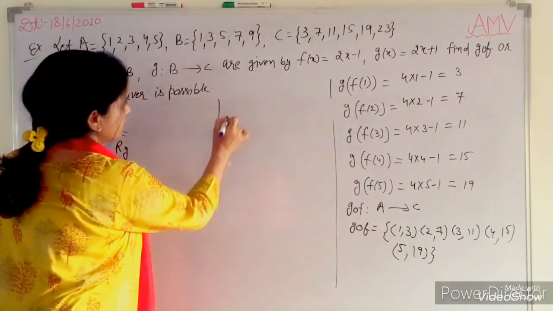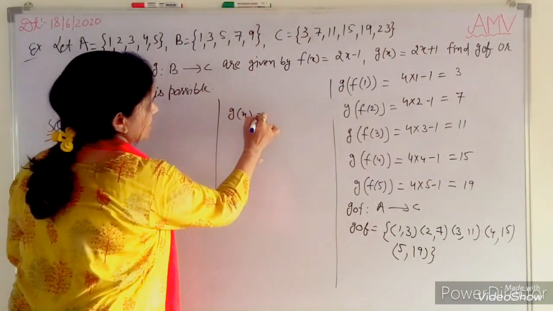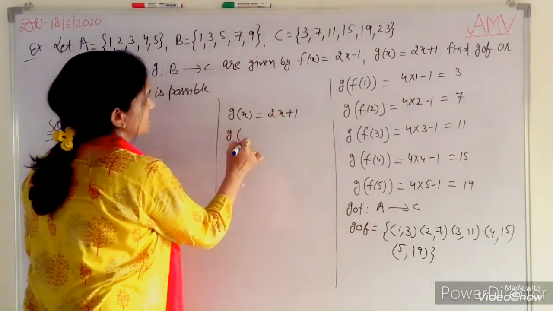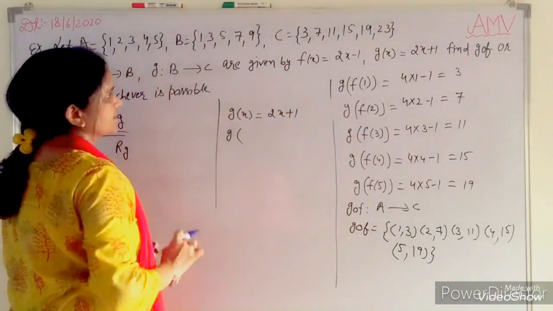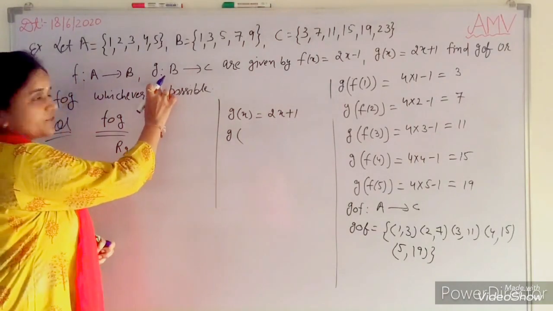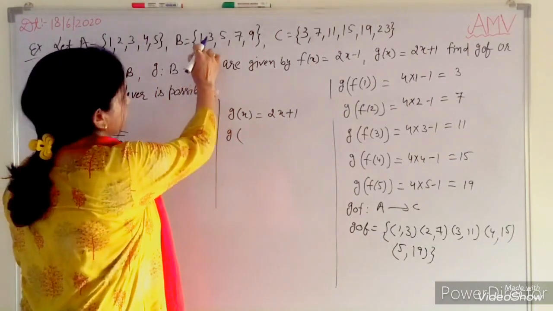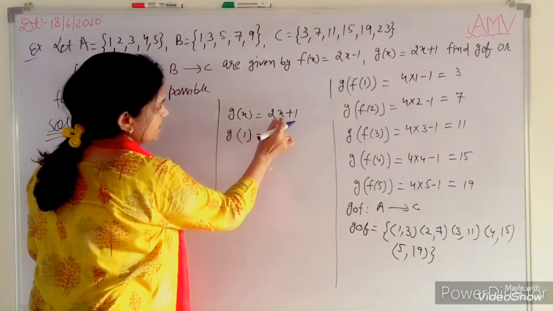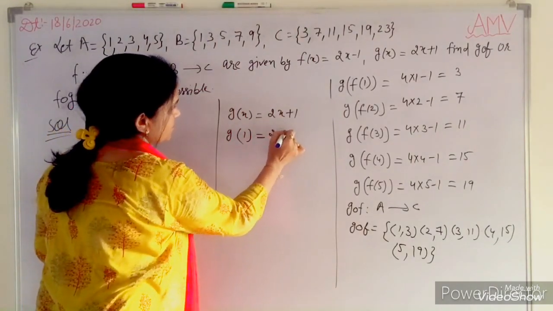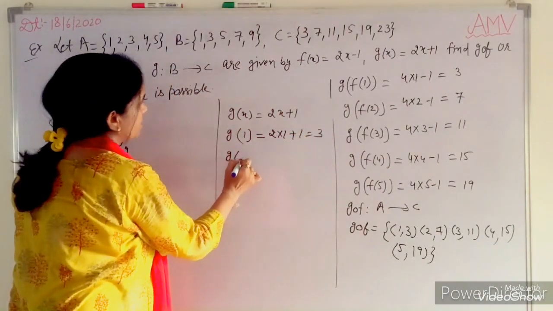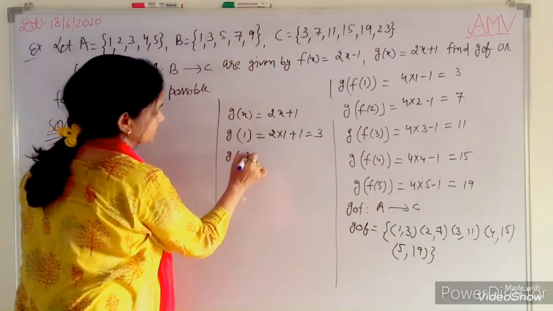Here g(x) is given as 2x plus 1. Substitute the value of x. g is defined from B to C. So from B, the first element is 1. You will substitute 2 into 1 plus 1. It's 3.